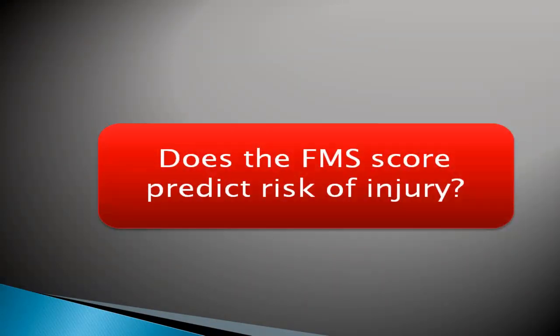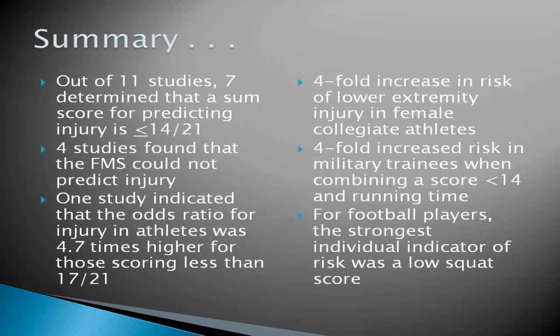Does the FMS score predict risk of injury? Out of 11 studies, 7 determined that a sum score for predicting injury is 14 or less out of 21. 4 of the studies found that the FMS could not predict injury, and one study indicated that the odds ratio for injury in athletes was 4.7 times higher for those scoring less than 17.